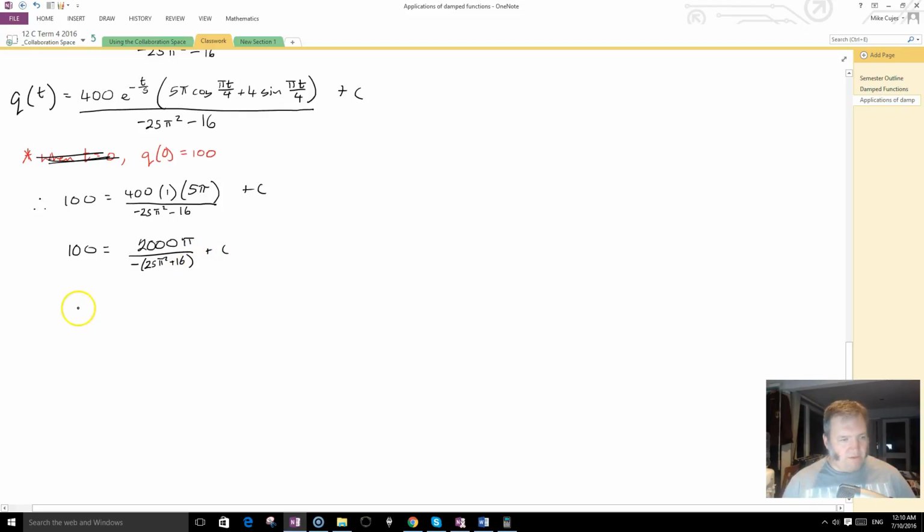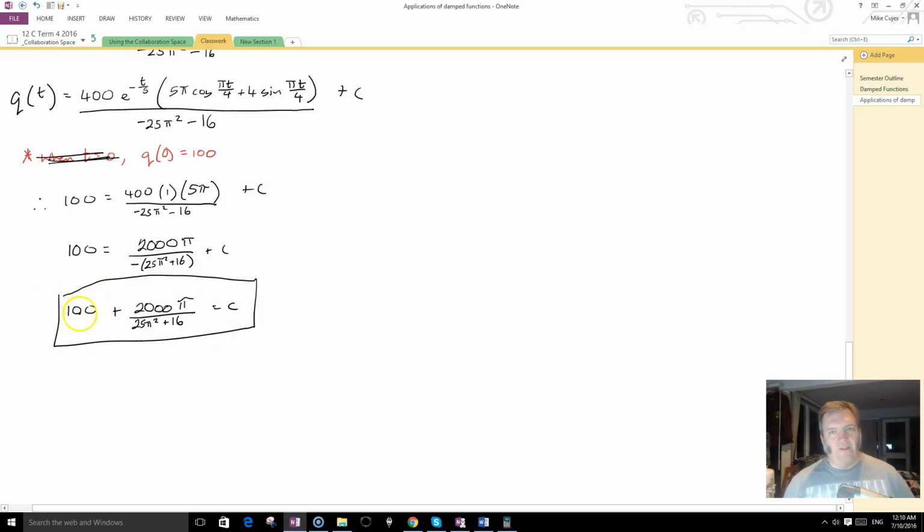Oh, now that's pretty easy, because then c is just going to be 100. This negative, I could just think of it as being out the front of the whole thing, couldn't I? It's just going to be 100 plus this 2000 pi over 25 pi squared plus 16. Why did I want to know that?